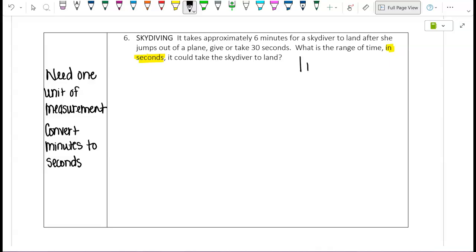So we know that 1 minute has how many seconds? So then 6 minutes would have 6 times that 60, or how many seconds? 360 seconds.